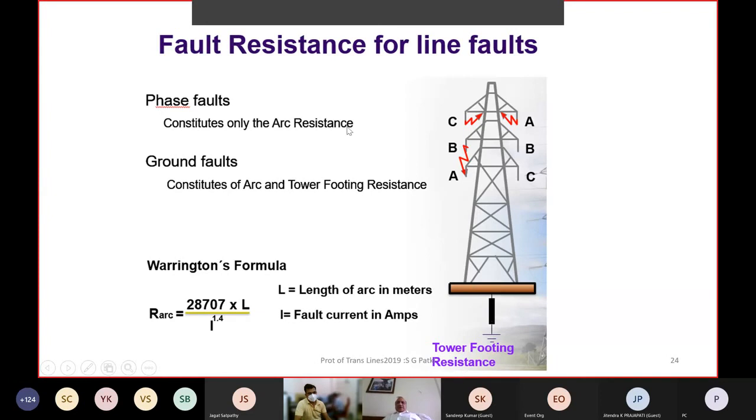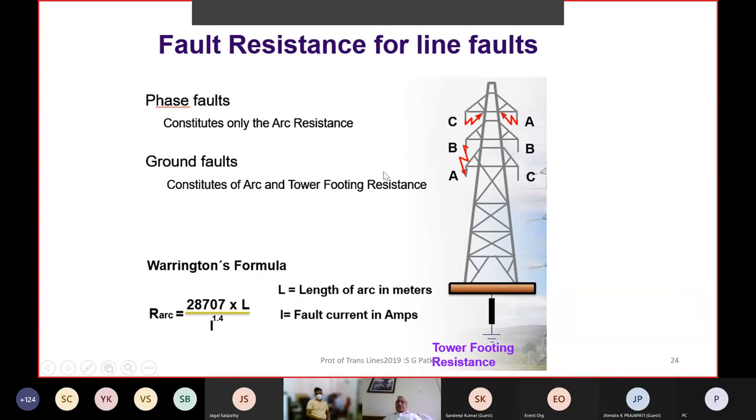Now, for the phase-to-phase fault, there is not much of an issue because you have to only consider the arc resistance between the two phases. Ground is not involved in the phase-to-phase fault, so that sort of uncertainty is not there. So you can get pretty good measurement accuracy for phase-to-phase fault.